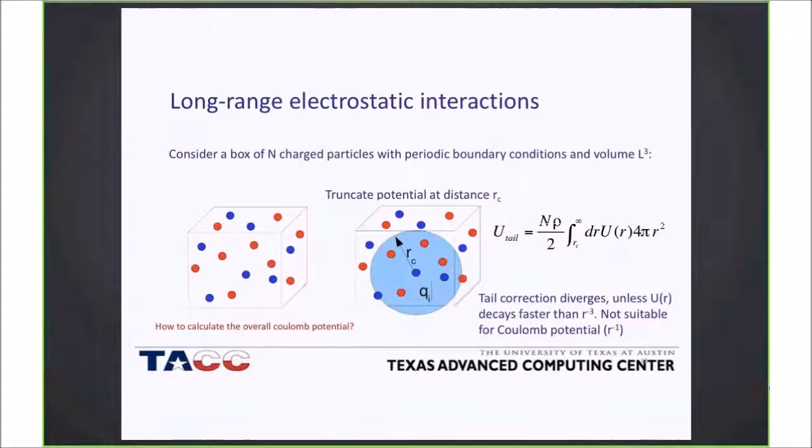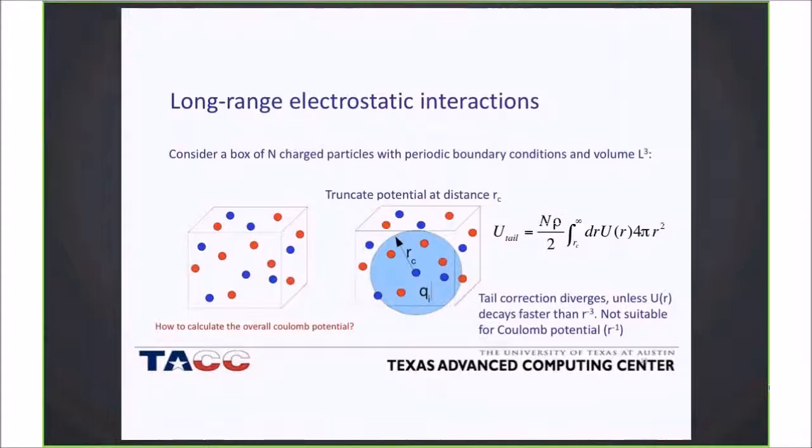Consider a box of charged particles with periodic boundary conditions shown on the left side. The volume is L^3. How can we calculate the overall Coulomb potential? For short-range interactions, like van der Waals energies, we generally can choose a cutoff distance to truncate the potential.